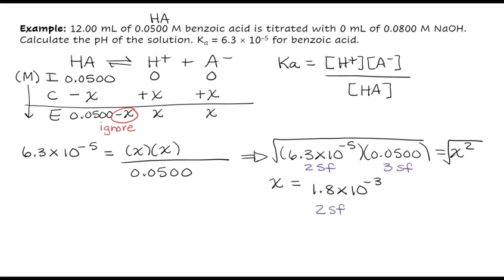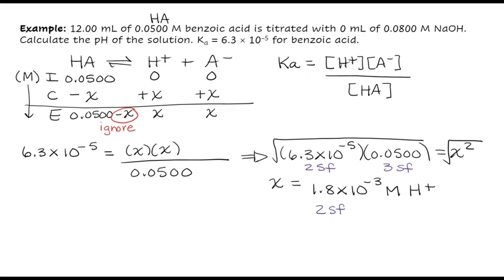Now we don't know yet if our assumption was valid, but if it is, then x equals the molarity of the H+. It's a good idea to always take a look back at the ICE table to make sure that once we've gotten x, we know what it represents.